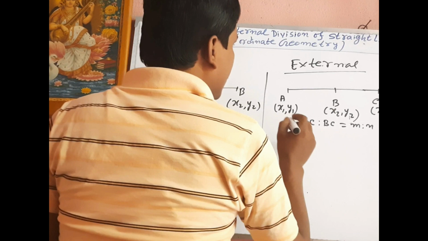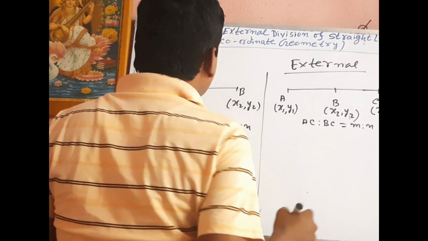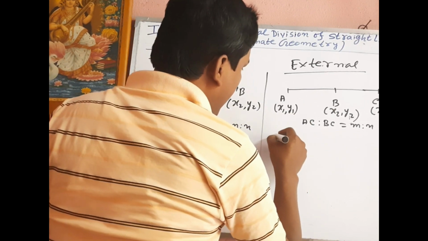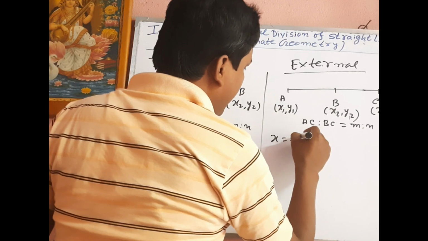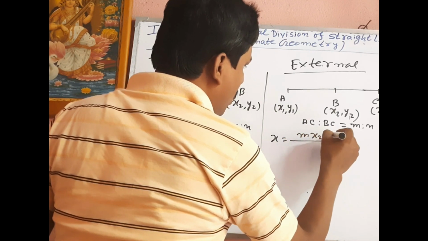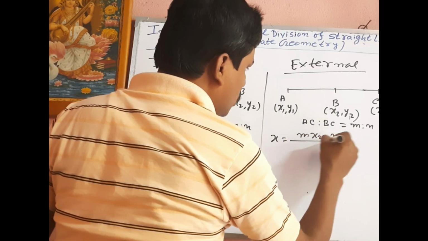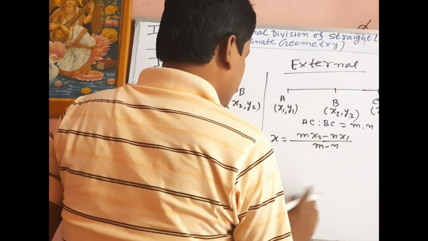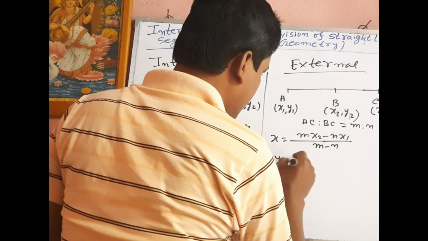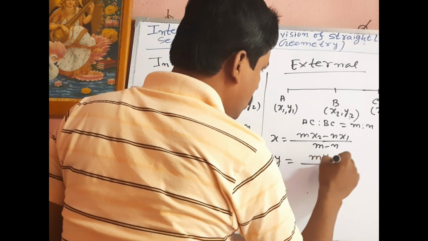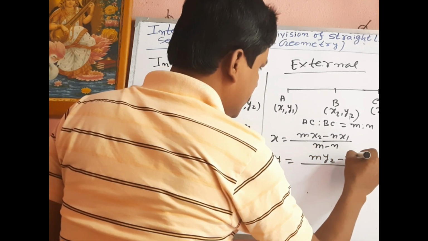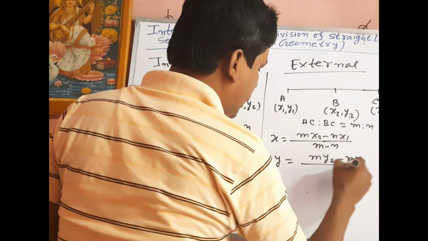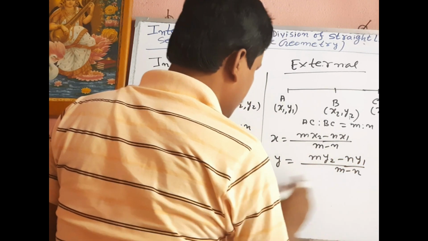So by the formula of external division, x is equal to (m x2 minus n x1) divided by (m minus n), and y is equal to (m y2 minus n y1) divided by (m minus n).